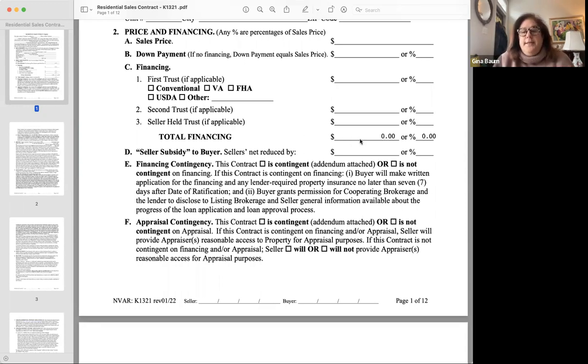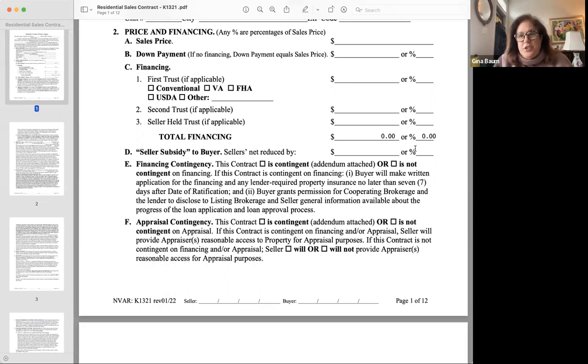So the total financing will go here. One thing you need to be aware of, we've had some agents get tripped up on this, okay? The seller subsidy to the buyer is what the seller is willing to give to the buyer for closing costs. Some people have put a number right here, a 1 or a 2, and the listing agent didn't notice, okay?